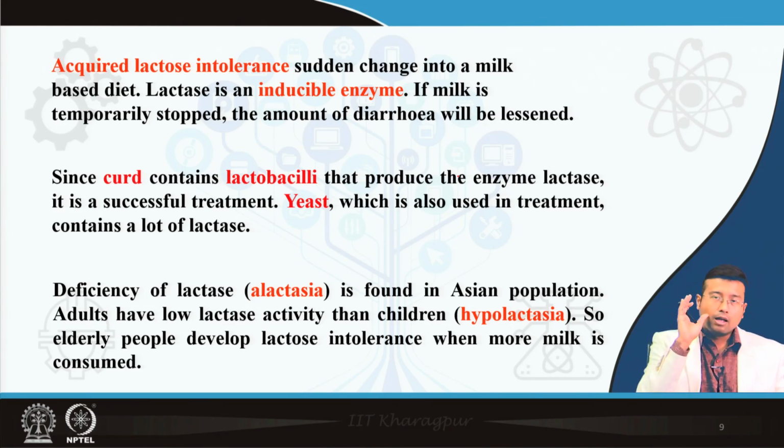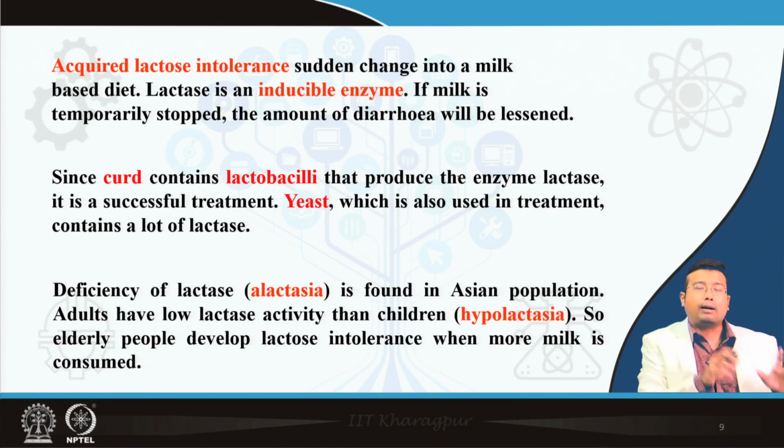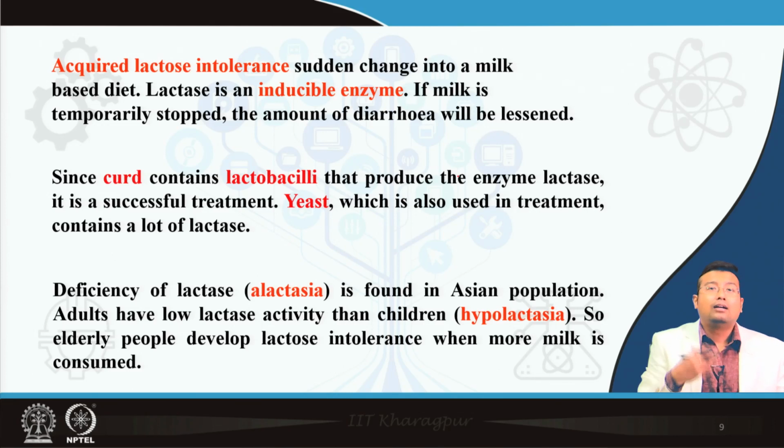How? We need to provide lactase from outside. Who can provide lactase from outside? By tweaking the diet. Okay, advise him or her not to take raw milk. Just advise him to take curd. We can add yeast also, because these are very good sources of lactase. Why?